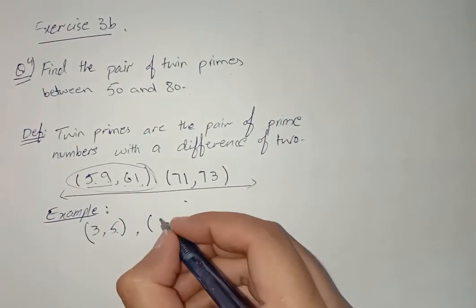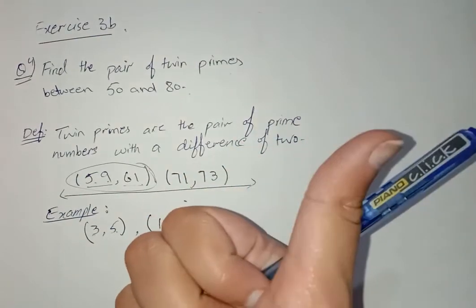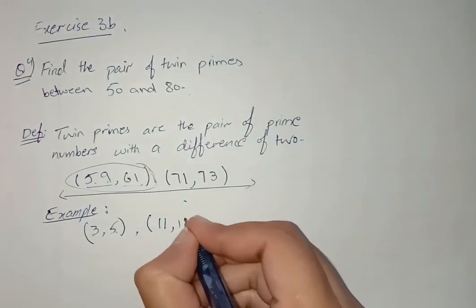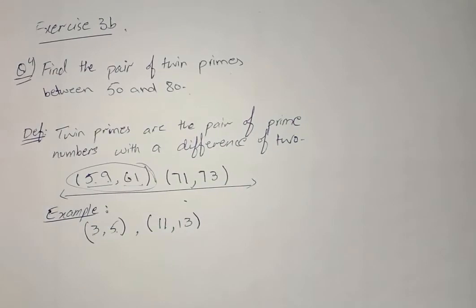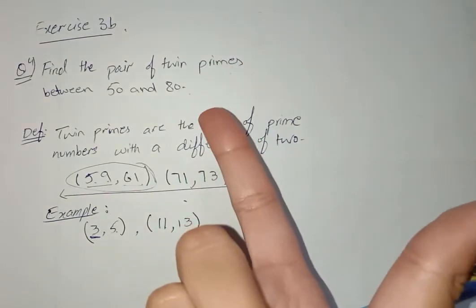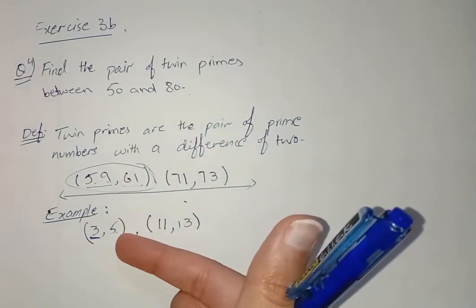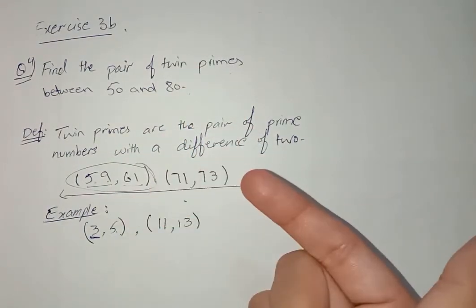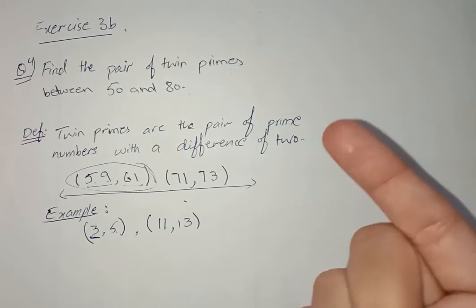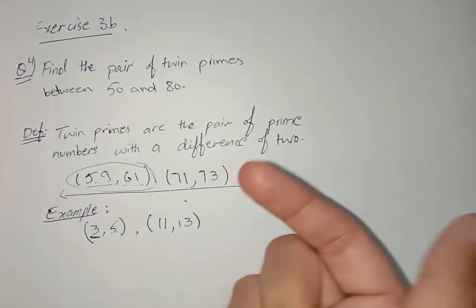So we can say 11, 12 and 13. Whenever we have to find twin primes, we must check that the first number is a prime number. If the first number is prime, then we count 2. If the next number is also prime, we can write it. If the next number is not prime, we cannot write them.